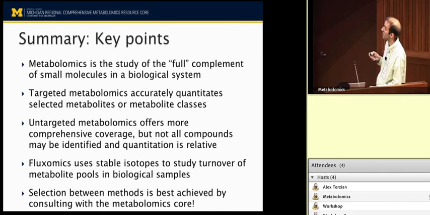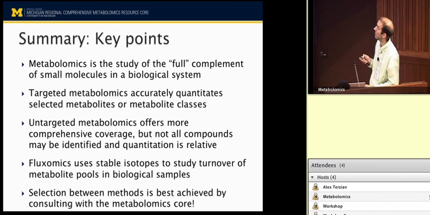So in final summary, going way back to the beginning, metabolomics is a study of the complement of small molecule components in a system. Targeted accurately quantitates selected metabolites and classes of metabolites, whereas untargeted gives you comprehensive coverage, but at the cost of not necessarily complete identification.